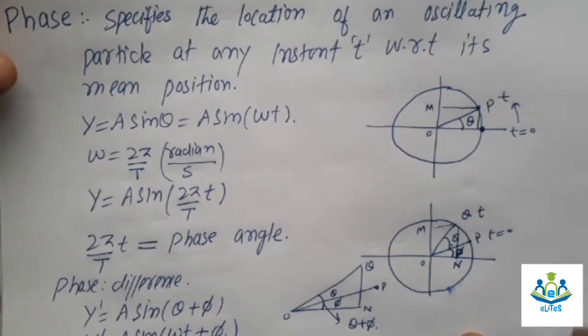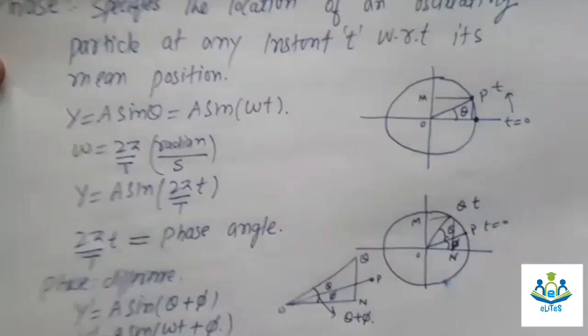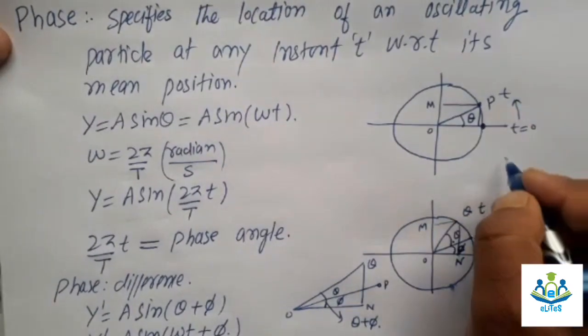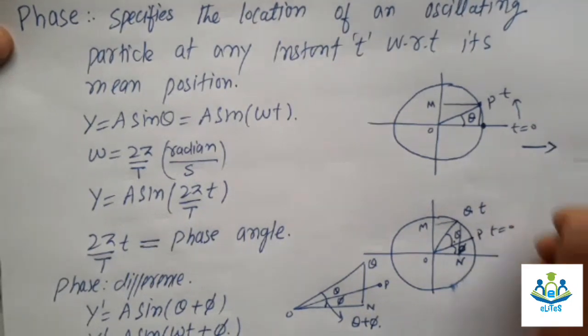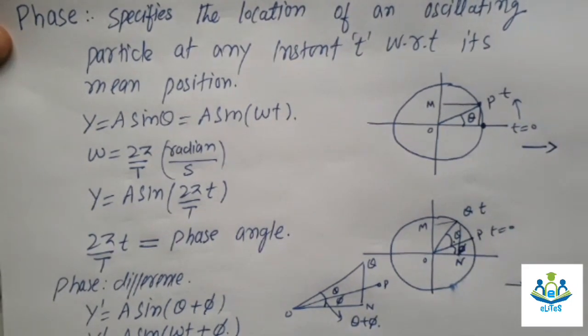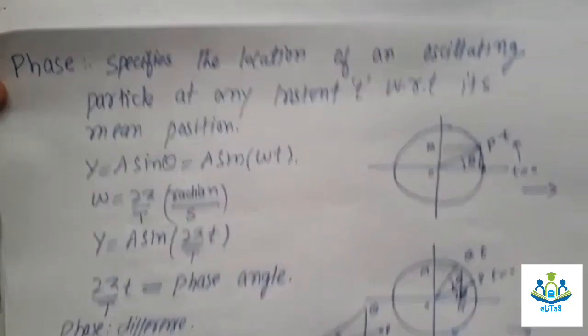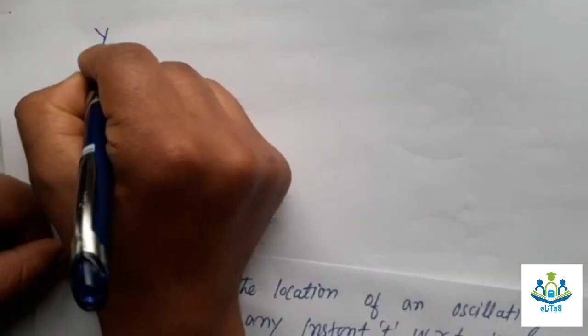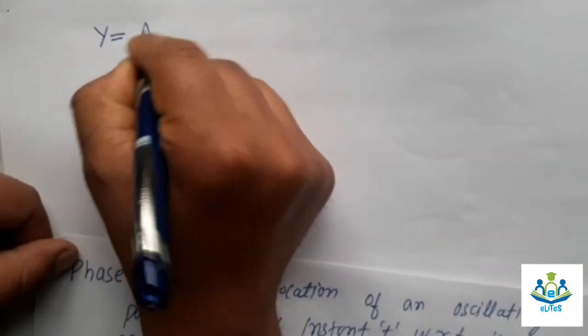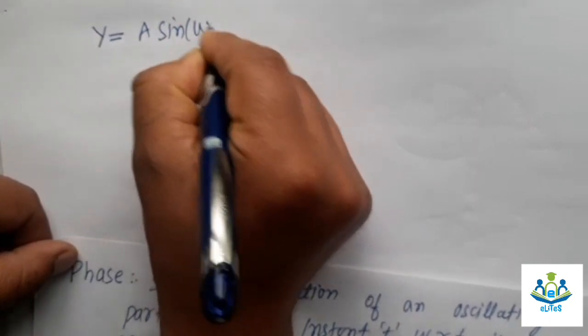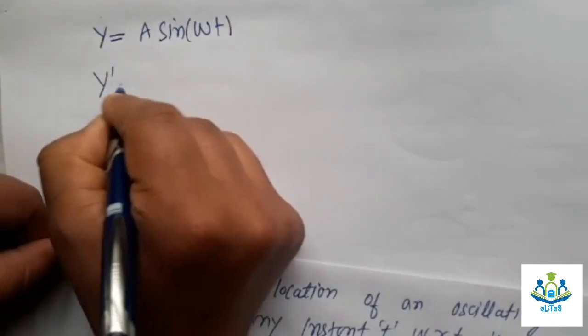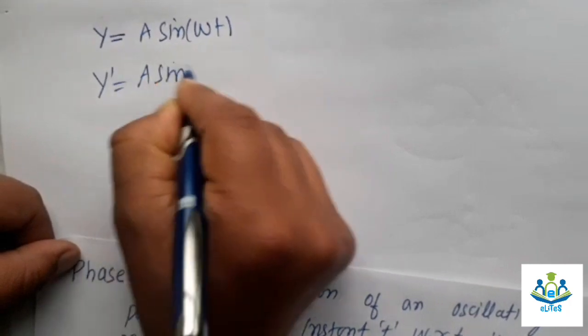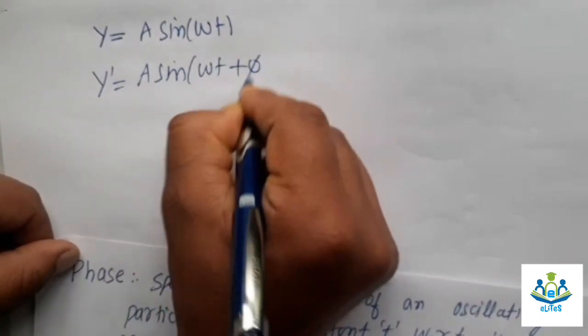Alright, so we have two particles moving in this circle and this circle. The displacement of the particle at any instance is y equal to a sine of omega t, and for another particle a sine of omega t plus phi.